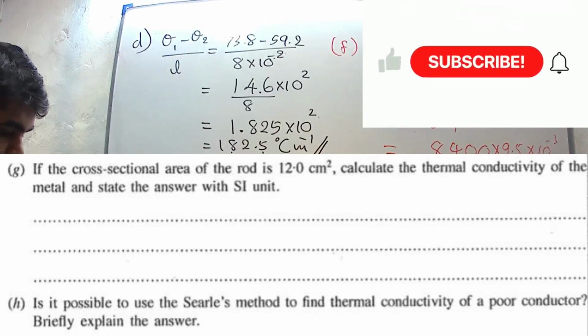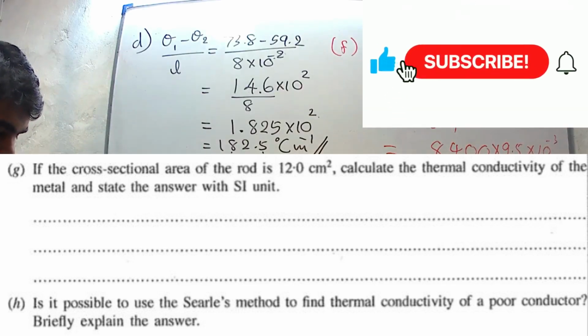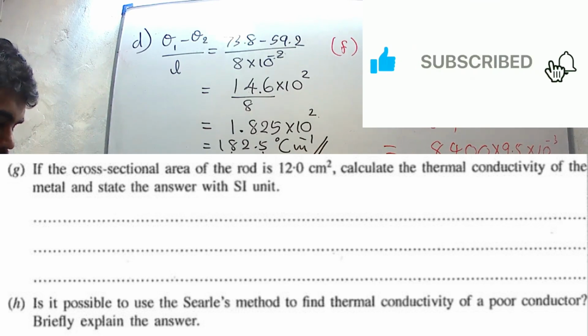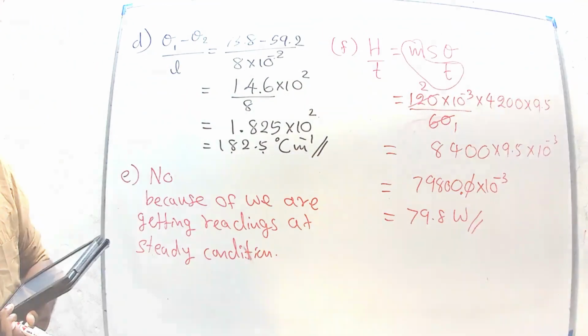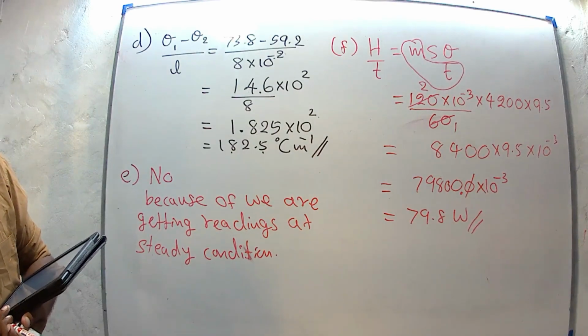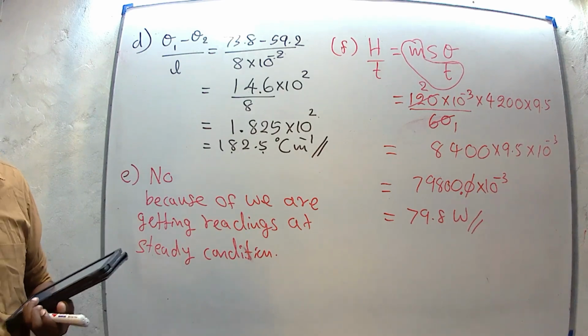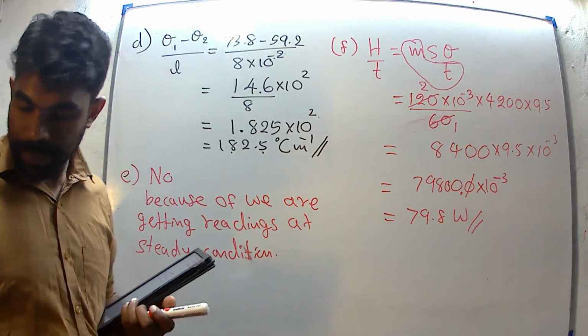Then part G. If the cross-sectional area of the rod is 12 square centimeters, calculate the thermal conductivity of the metal and state the answer with SI unit. We can write the equation for heat flow rate.